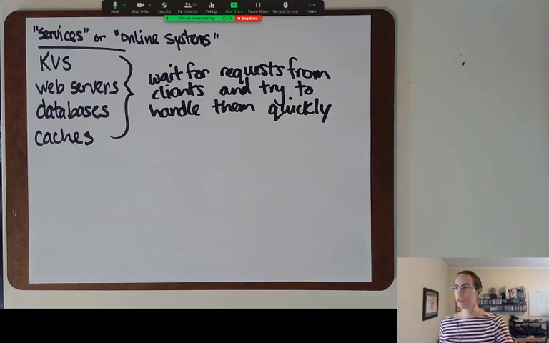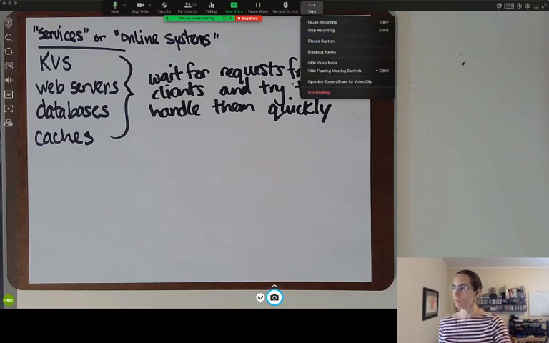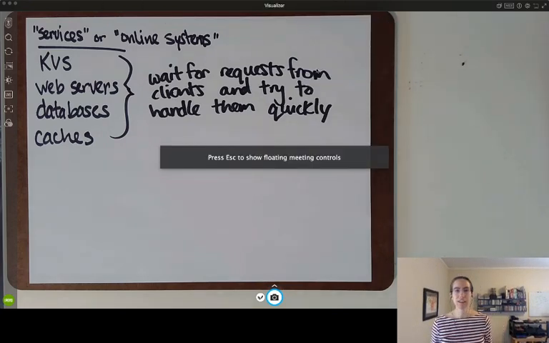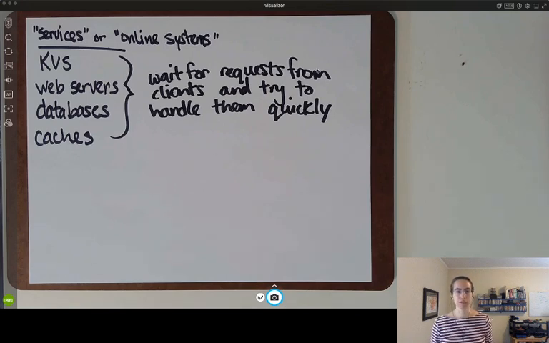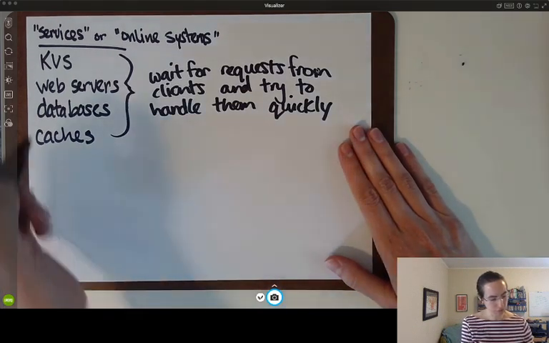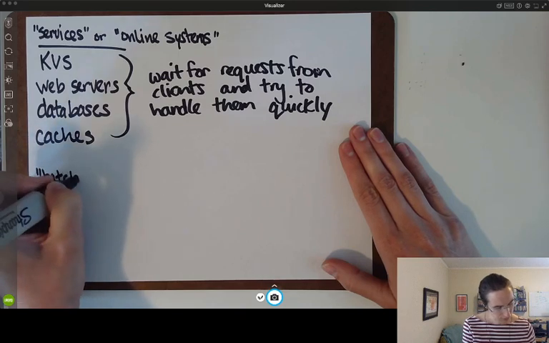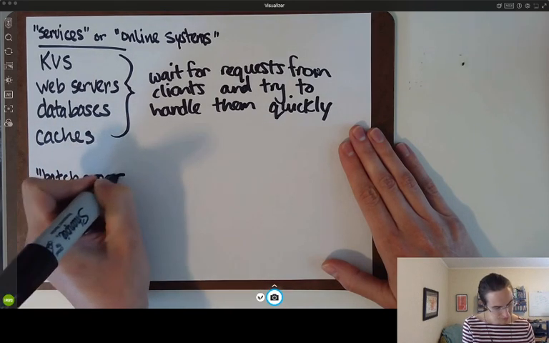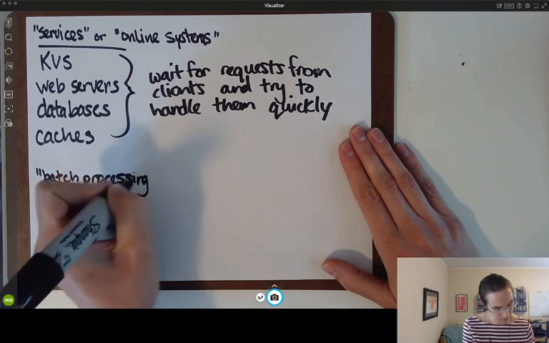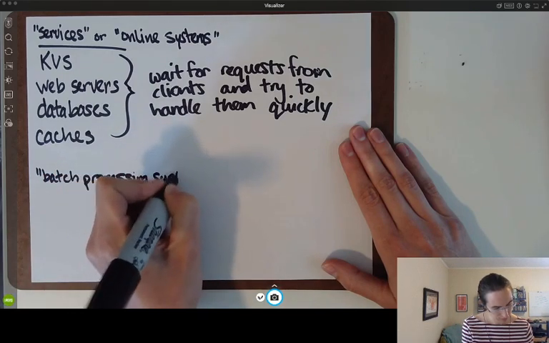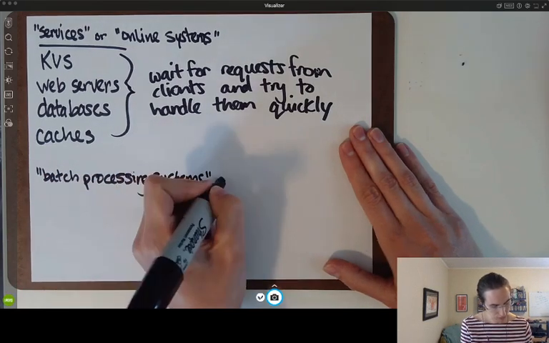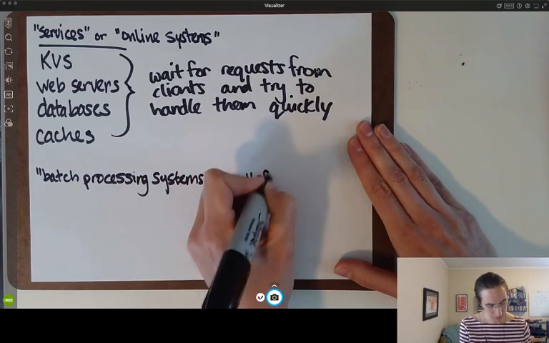There are also systems that take in a large amount of data, do something to process it, and produce some output data. And this might take quite a while. So that's a different kind of system, and we call these systems batch processing systems, or offline systems.